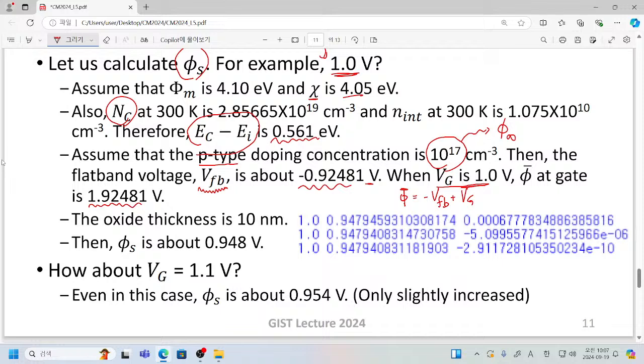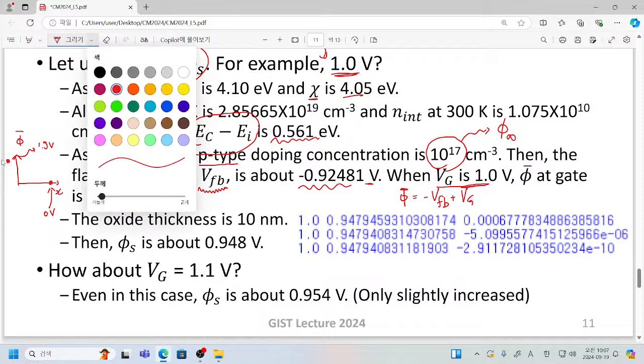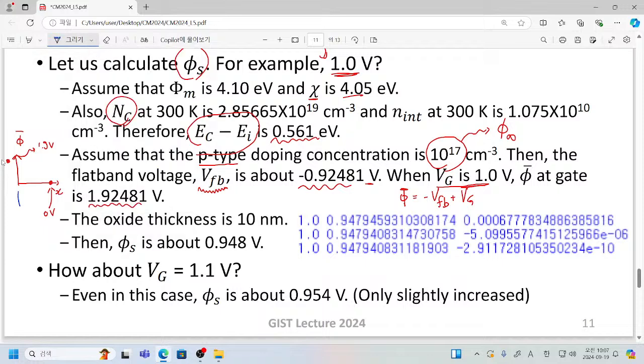Now you understand, if this is the real space position and this is the phi bar quantity, at your left boundary the value is about 1.9 volt, and at your right boundary the value is 0, and you want to calculate the value at the point x equal to 0 by solving the MOS equation.